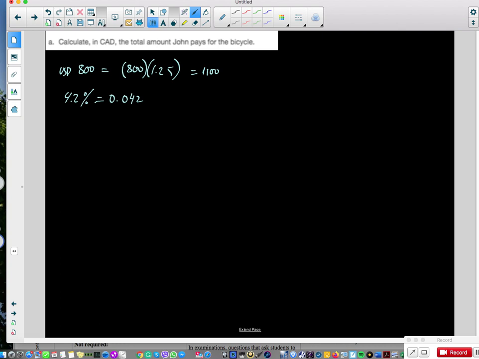The best way, I think, is, so there are 2 ways. The first way we have been doing is 1,100 times 0.042. Oh yeah, and then you subtract. No, you don't subtract. So that would be 1,100 times 0.042.